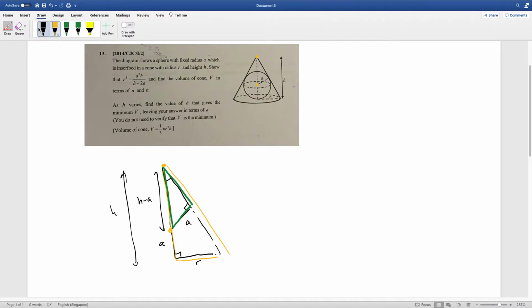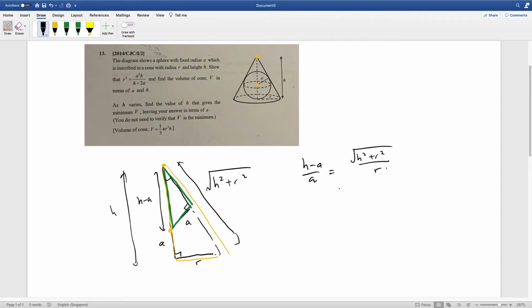We need to show R is related to H and A. First of all, the hypotenuse is the square root of H squared plus R squared. So we take H minus A over A equals the square root of H squared plus R squared over R.